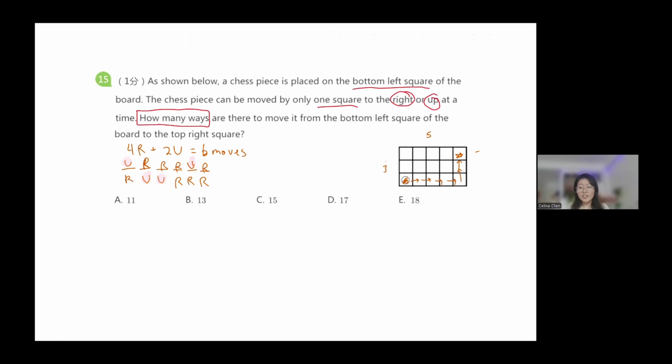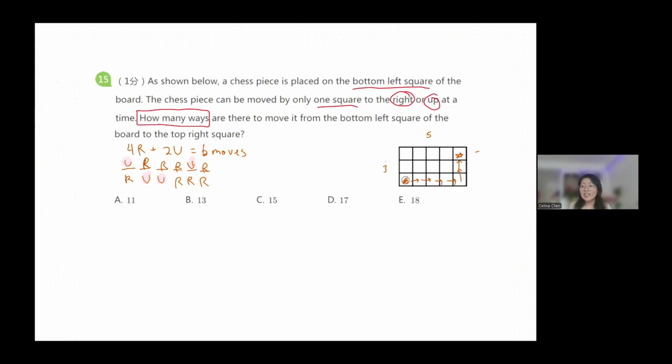If I swapped one R with another, would it make a new path? No, it will still be the same path. The same goes for swapping U with U's. So here's the key. If I choose which 2 spots out of the 6 moves will be U's, the other spots will automatically be R's. And once I choose the U spots, the path is completely decided.